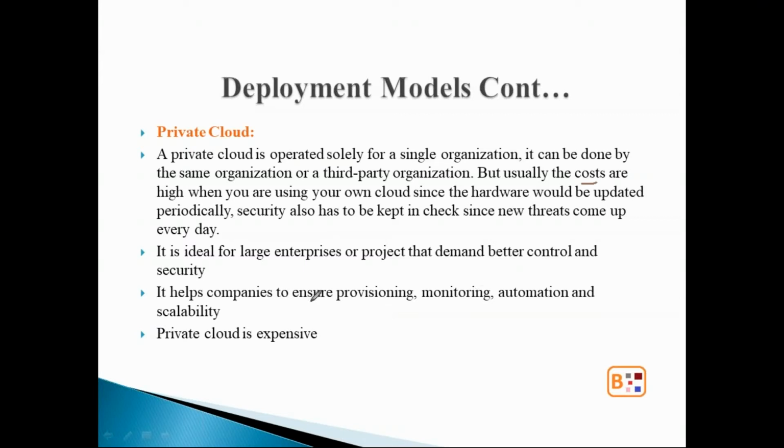It is ideal for large enterprises or projects that demand better control and security. It helps companies ensure provisioning, monitoring, automation, and scalability. Private cloud is expensive in comparison to the public cloud.